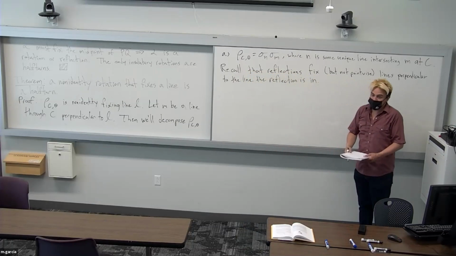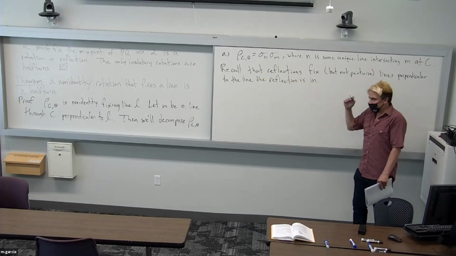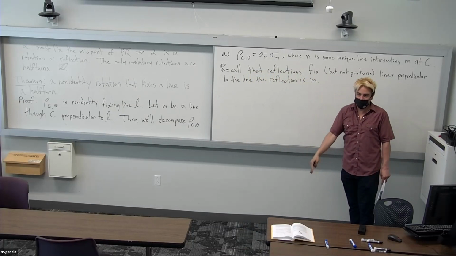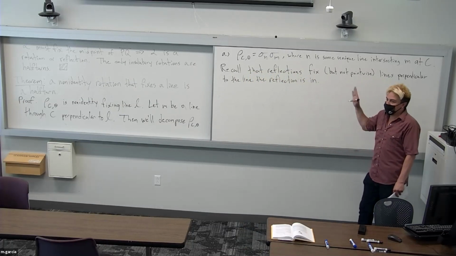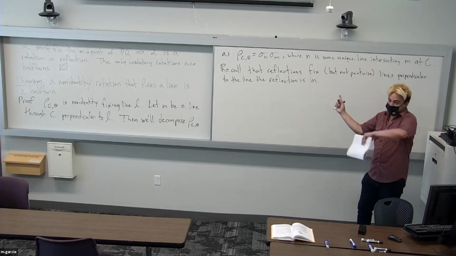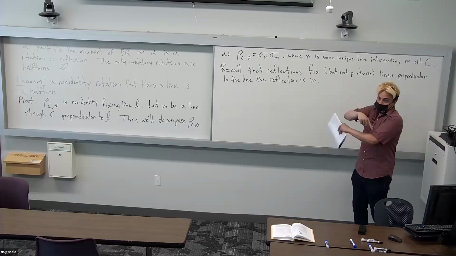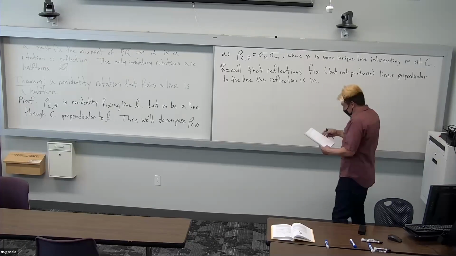Remember this: a reflection pointwise fixes the line that the reflection is in, but the rays along perpendicular lines get flipped.